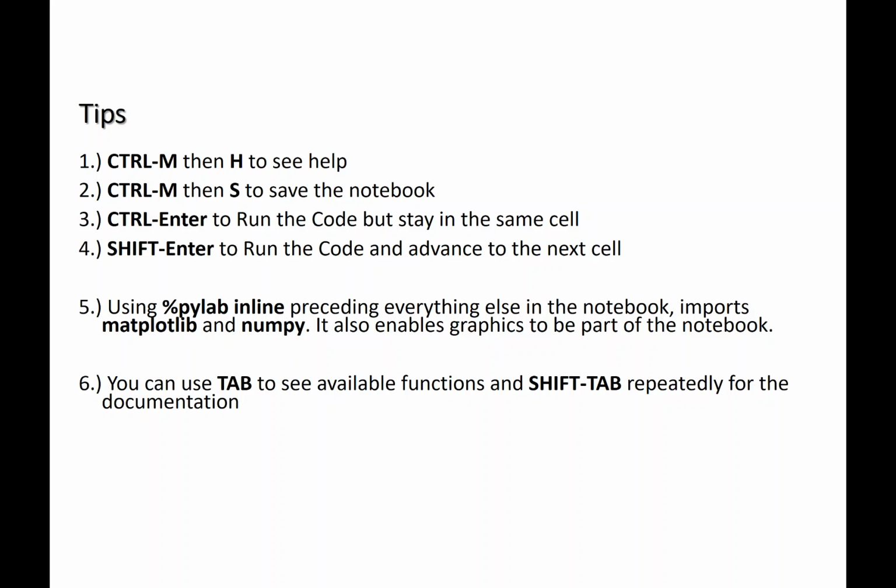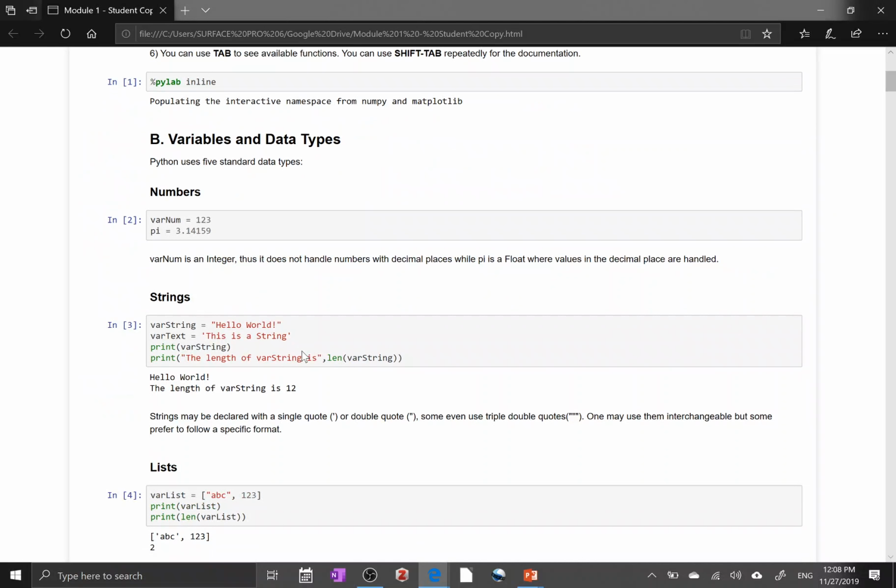And then you can use tab to see available functions, the same feature as in other programming languages. For example, in this case, you will write PR and then you press tab, and it will automatically autofill.